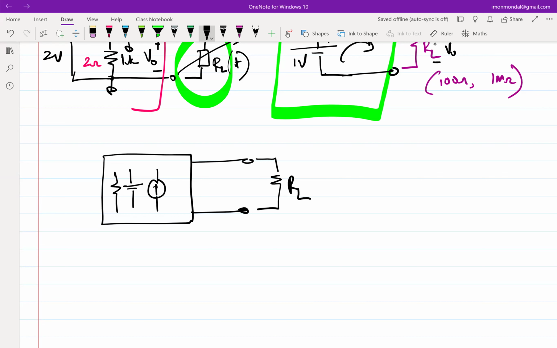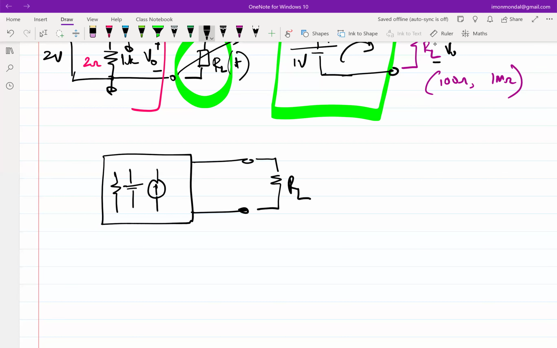Right? So let me rephrase the question. Let's say I went to one of your EC labs or 380 labs or any one of the labs. They have these big equipments which are supposed to power up your circuit, right? So I take one of those equipments, and I connect an RL, right?